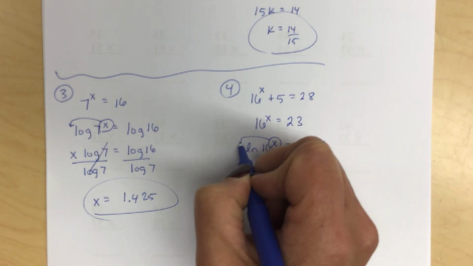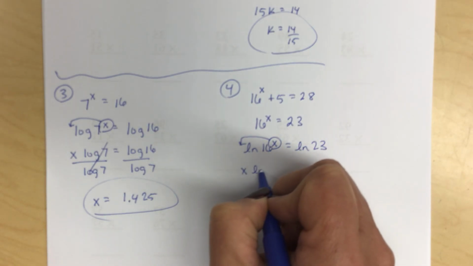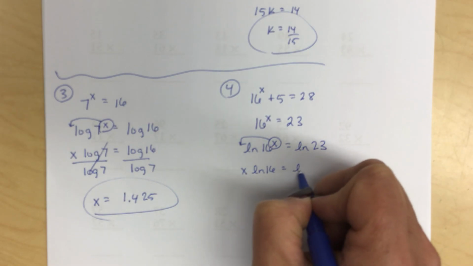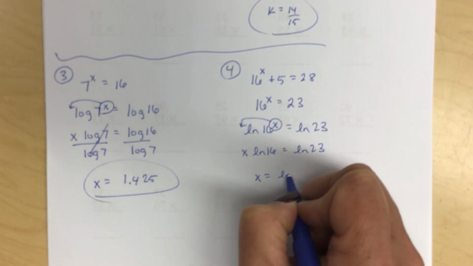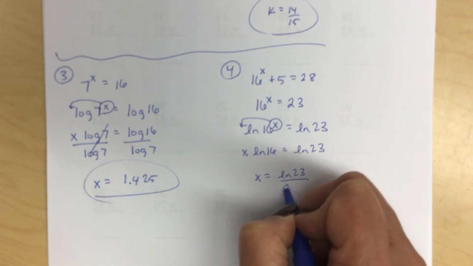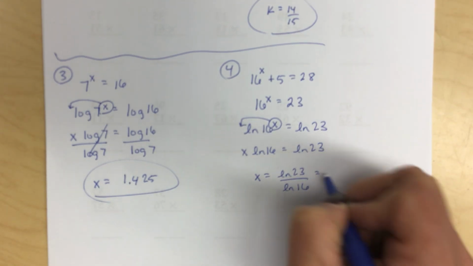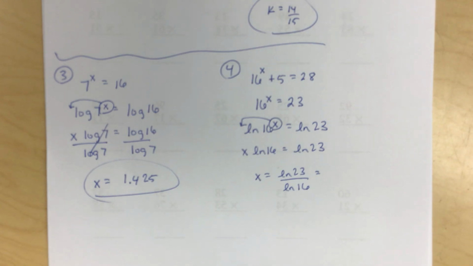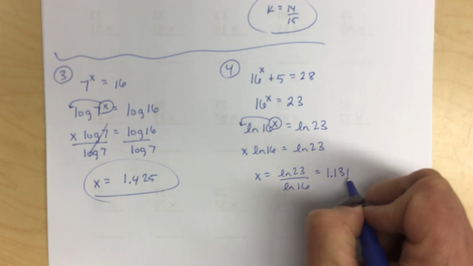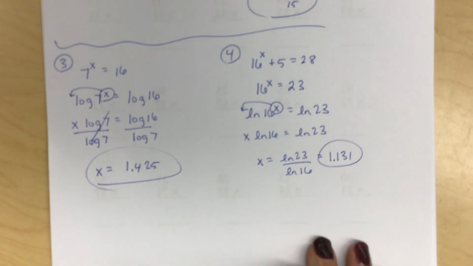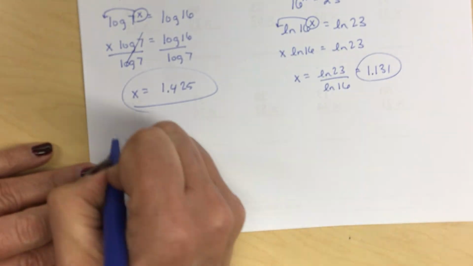Now the exponent can come out in front. So x times the ln of 16 is equal to the ln of 23. So x is the ln of 23 divided by the ln of 16. Type that in your calculator, and x is 1.131.